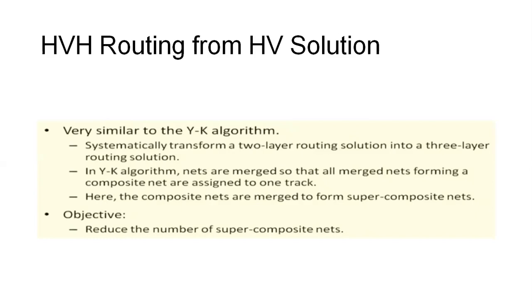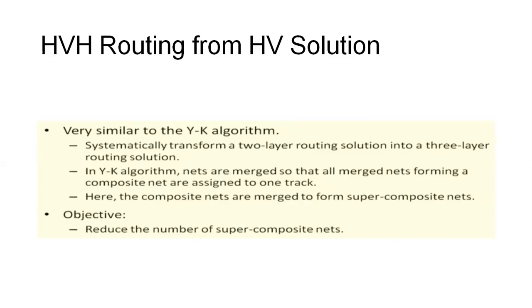So once again, among these composite nets, if you are able to merge them and make them a super composite net, one can be laid in layer 1 and one can be laid in layer 3. Like you see in the Yoshimuraku algorithm, when I merge two nets, it means that their horizontal constraints do not conflict. Then the vertical constraints also do not conflict. So they can be put on the same track in the same layer.